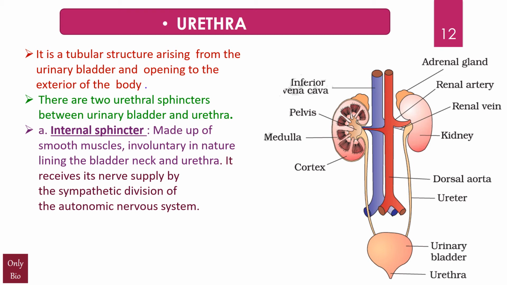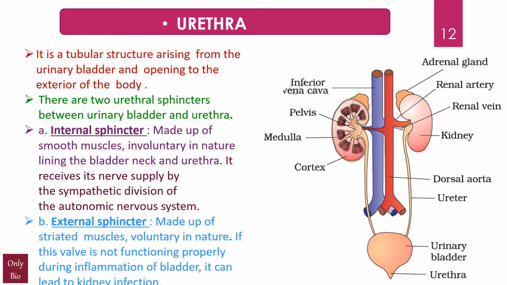It receives its nerve supply from the sympathetic division of the autonomic nervous system, whereas the external sphincter is made up of striated muscles, voluntary in nature, and if this valve is not functioning properly during inflammation of the bladder, it can lead to kidney infection.